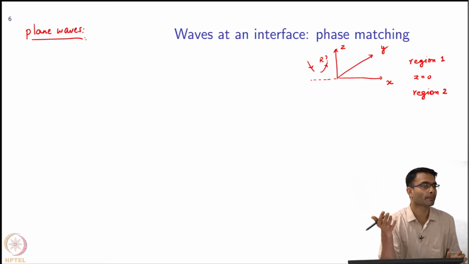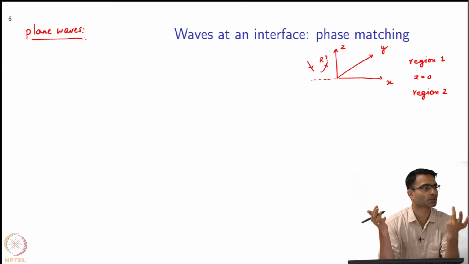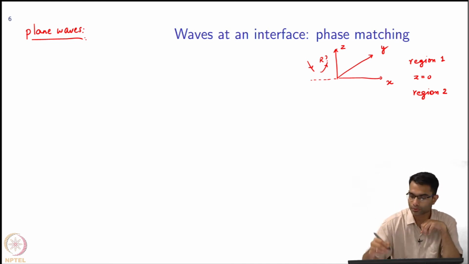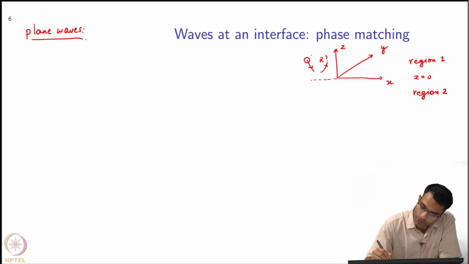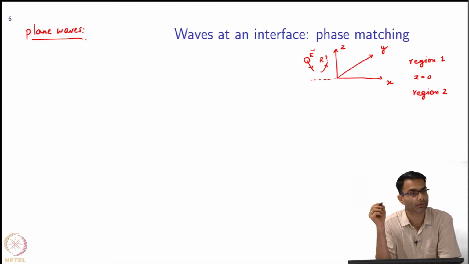Another way could be TE and TM. Those are also two orthogonal polarizations into which any arbitrary plane wave could be written. I need not do perpendicular and parallel. So, for example, this is E which is coming out of the board.